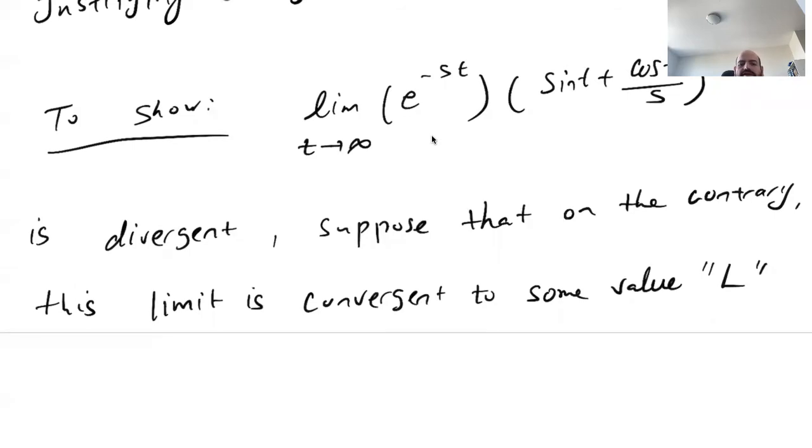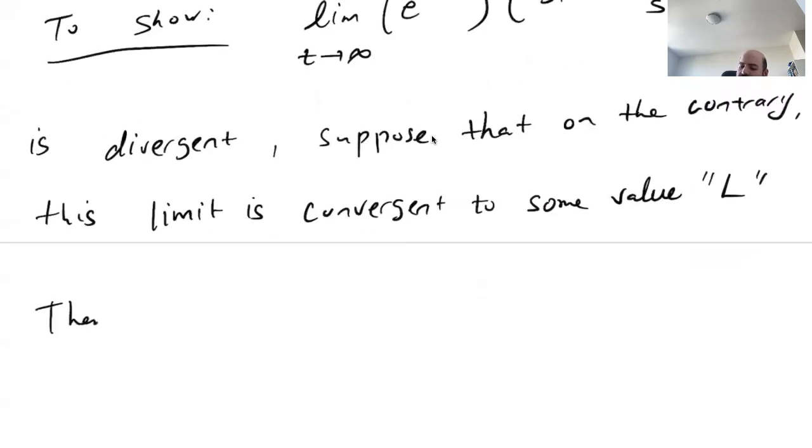So in math 113, you saw that if the limit of a function exists and is equal to some L, then the limit of f of Tn will be also convergent to L for any sequence Tn that goes to infinity. So if the limit of the function as t goes to infinity is equal to L, the limit of f of Tn has to be also equal to L for any sequence Tn that goes to infinity.